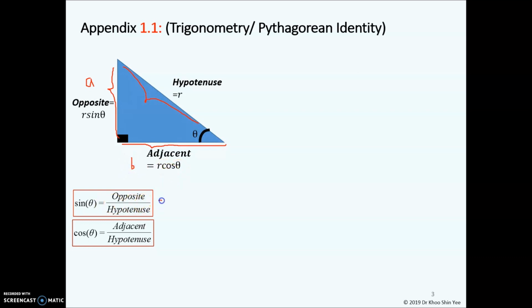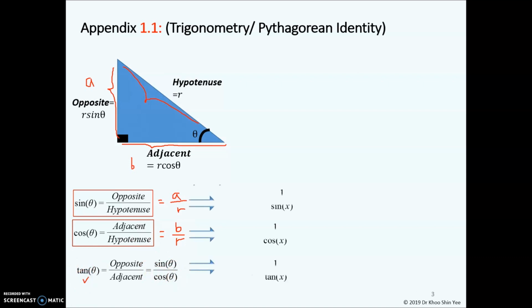And sine angle, from this relationship, you just take the distance a divided by r, where r sine angle divided by r, you get sine angle. And on the other hand, cos angle is equal to your distance b divided by r. So if you take the sine angle divided by cos, you should know that you get the tangent angle.